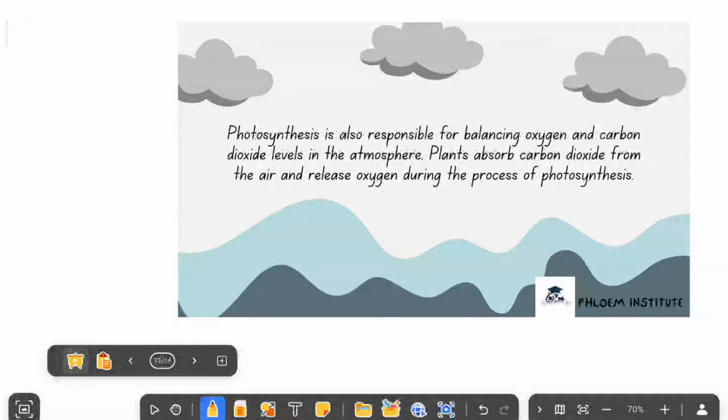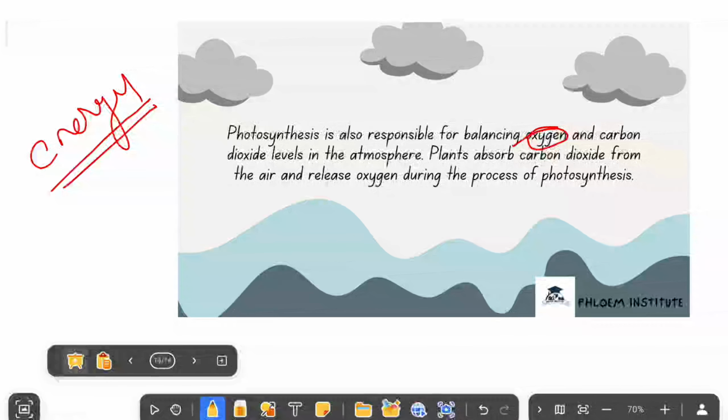So see, here is how important photosynthesis is for the plants as well as for the planet. The plants use this carbohydrate for making energy. This will be used for their growth and everything. Now here we have oxygen as the byproduct. And in the atmosphere we have carbon dioxide, which we are not using.